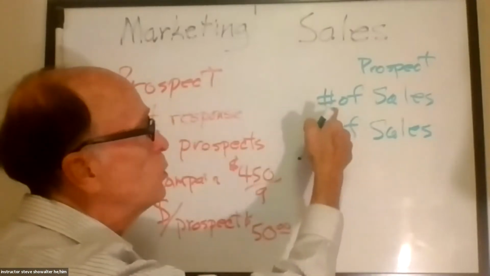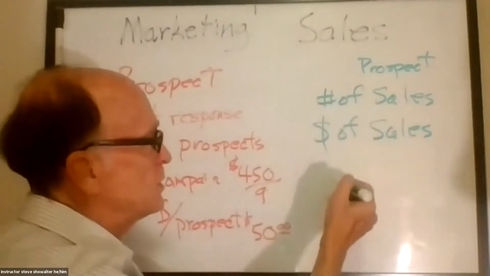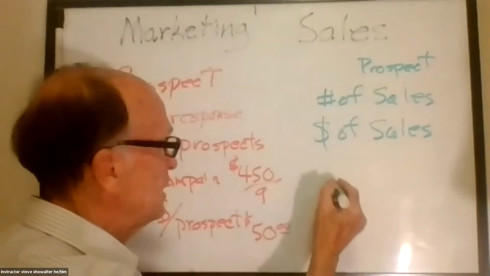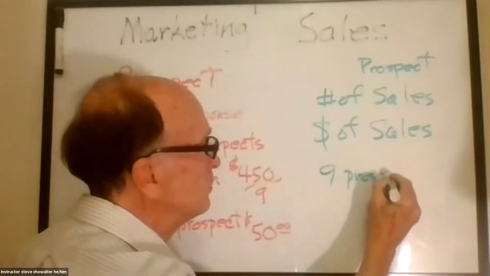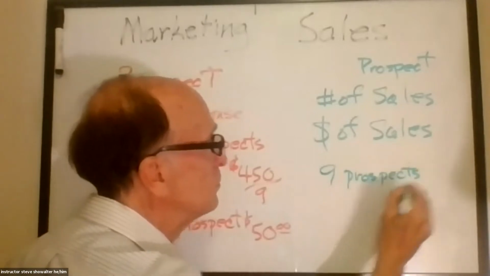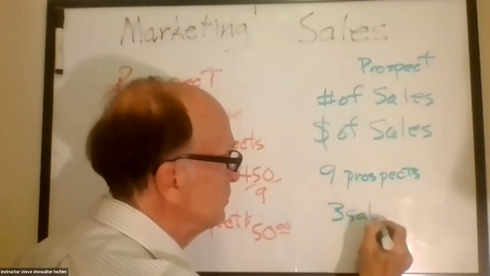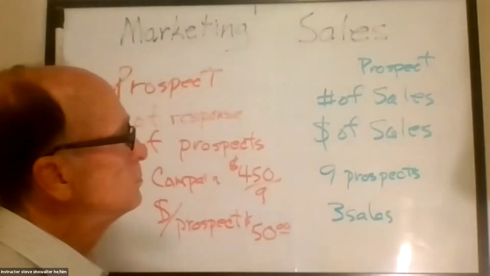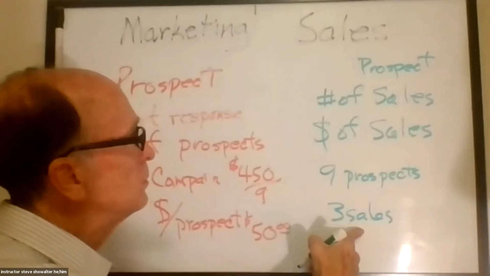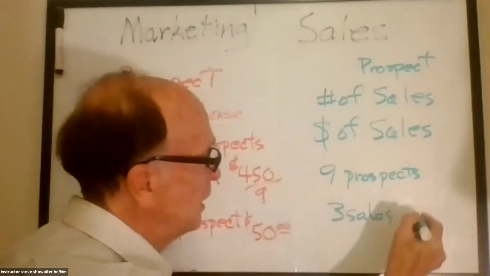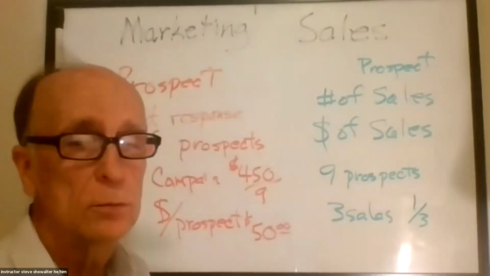So this would be, let's say, again, I take those 9 prospects and I have 3 sales. So now with 3 sales for 9 prospects, I have a 1 in 3 close ratio.